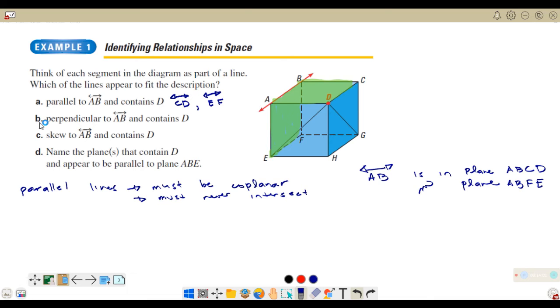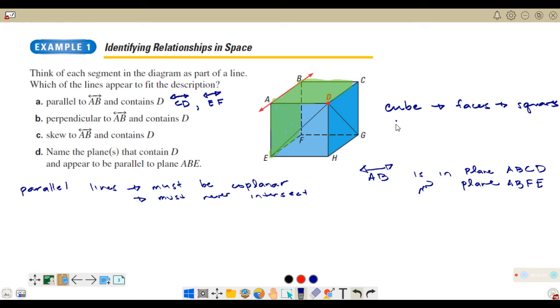Now, let's talk about perpendicular. So, dito, it is obviously a cube. Ang mga cube, lahat ng faces niyan, yung mga plane niya, are perpendicular to each other. So, sa cube, ang faces niyan ay squares.